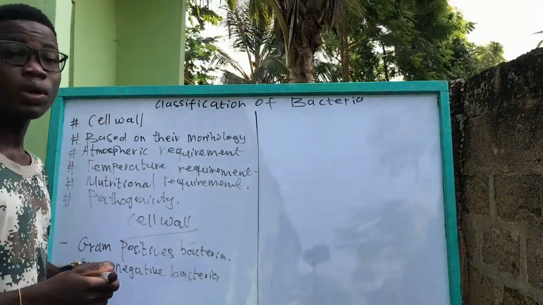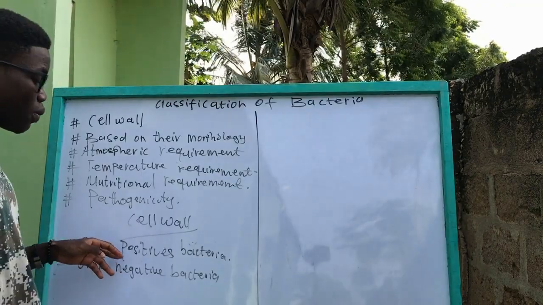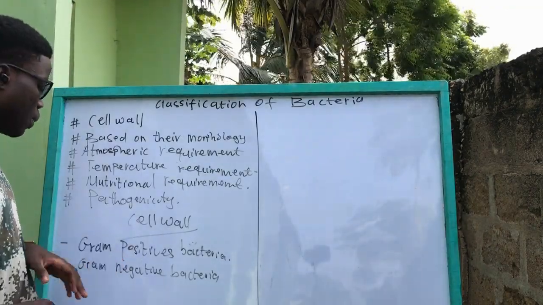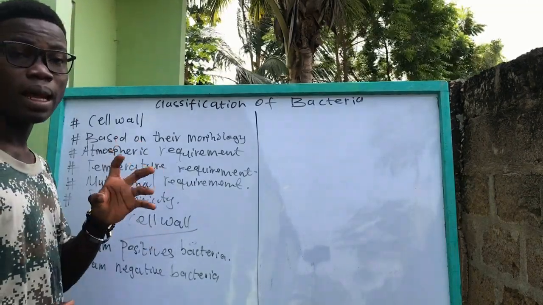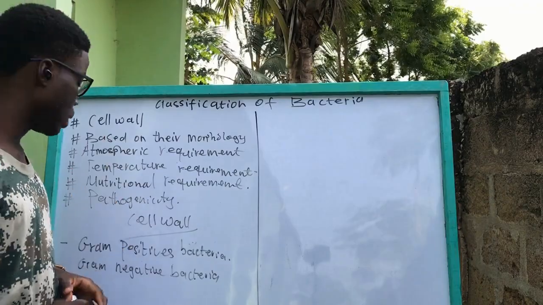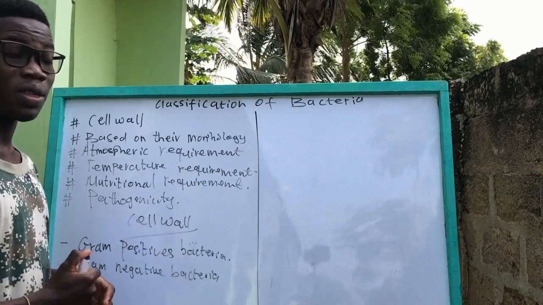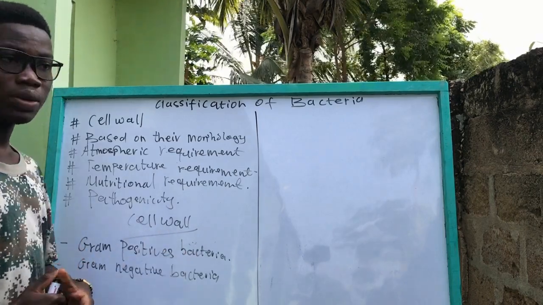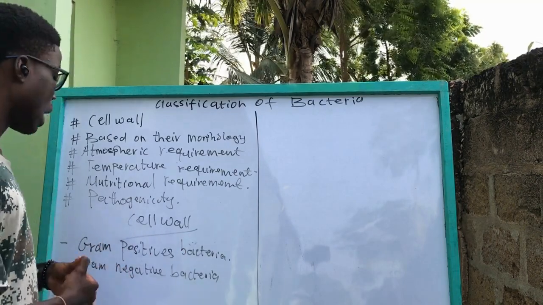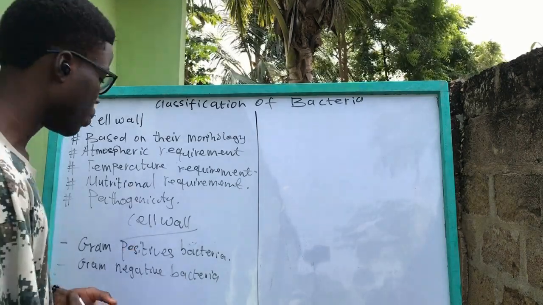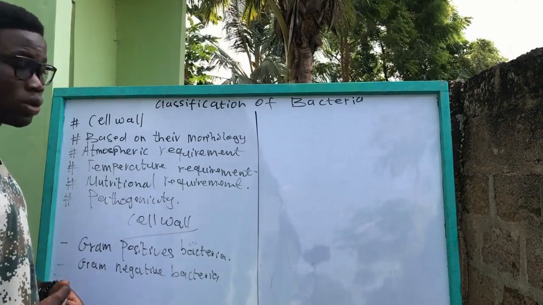In our previous videos, we got to realize that the gram-positive bacteria are the bacteria that have a very thick layer of the peptidoglycan, and as a result, it's able to retain the crystal violet of the gram stain, so therefore appears blue to purple under the microscope after it has undergone gram staining.